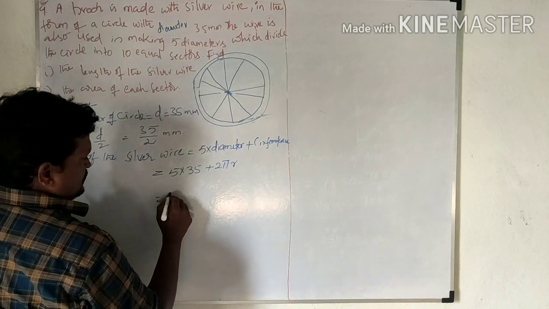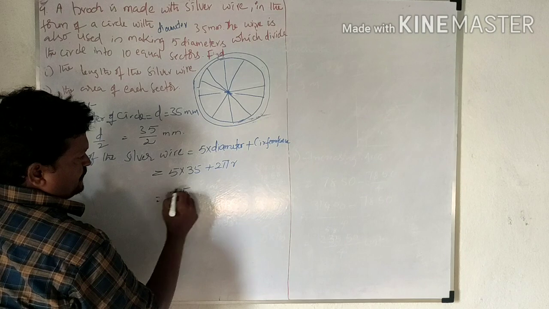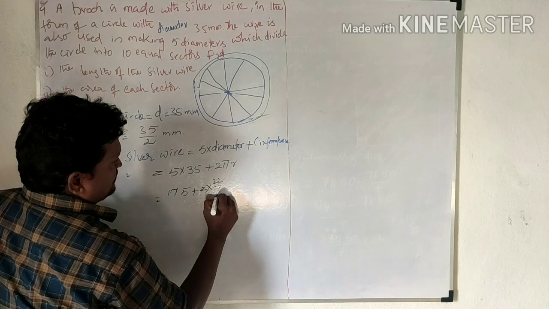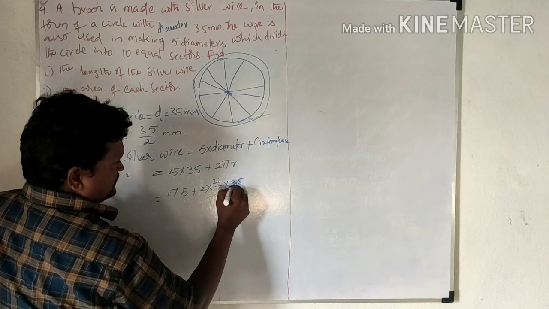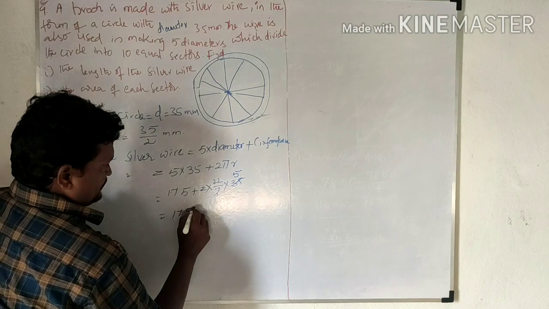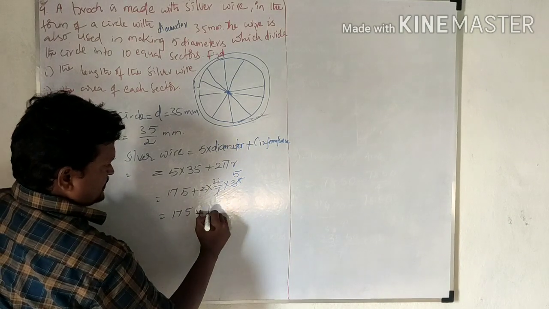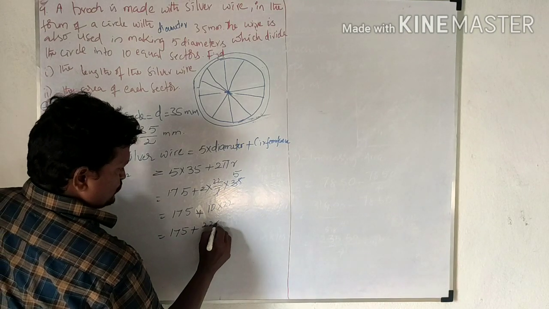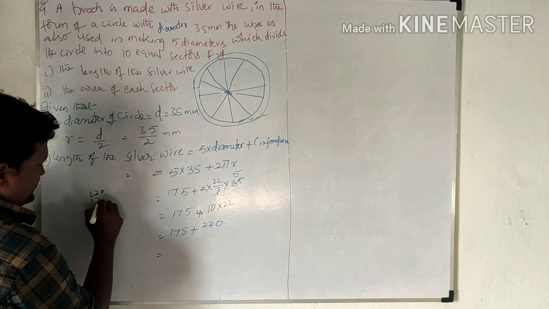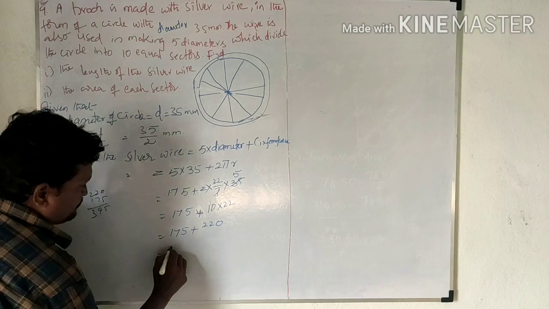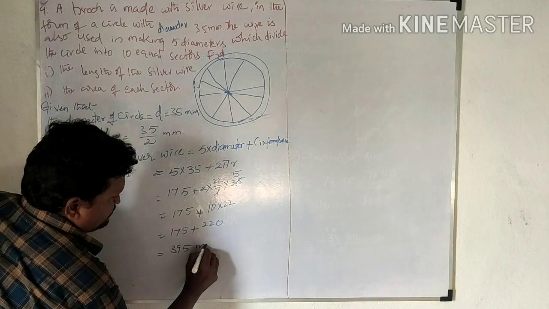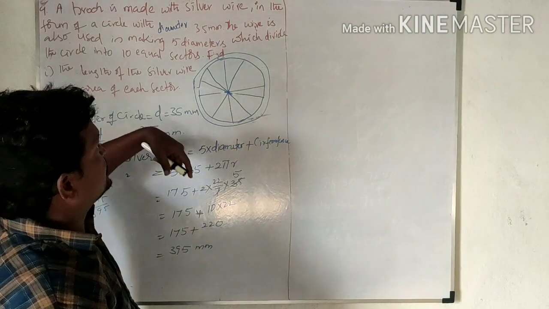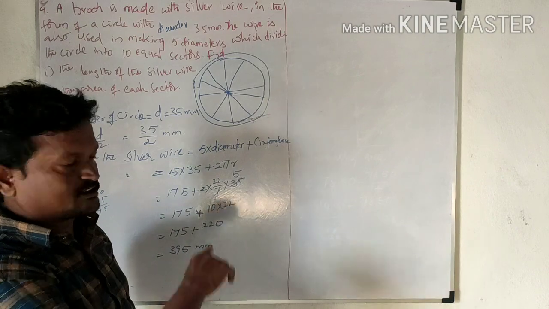So 5 into 35: 5 5 is 25, 5 3 is 15, 175, plus 2 into 22 by 7 into 35. 7 5s are 35, so that is 175 plus 2 5s are 10 into 22. That will be 175 plus 220. That is 395 millimeters. This is the length of the silver wire they used in making this circular brooch.